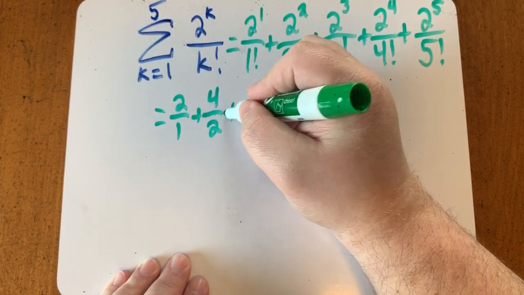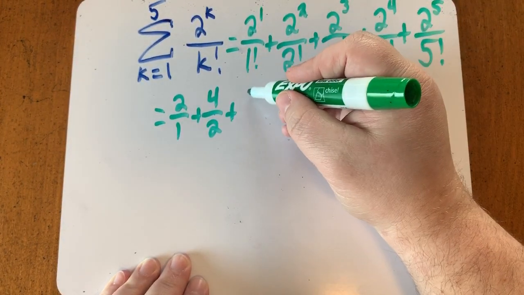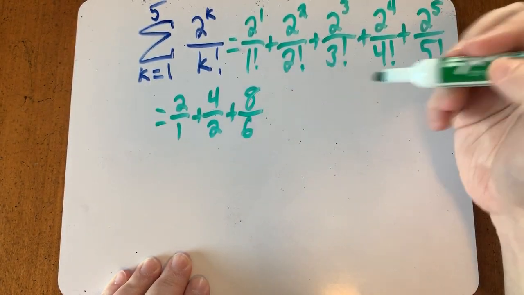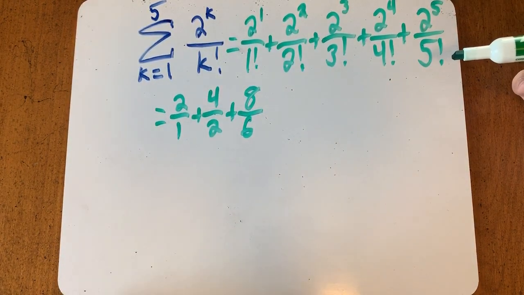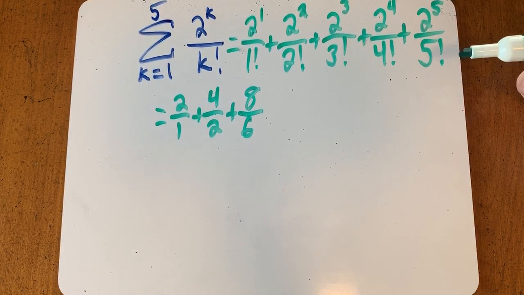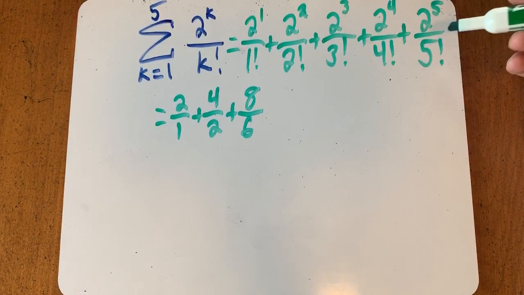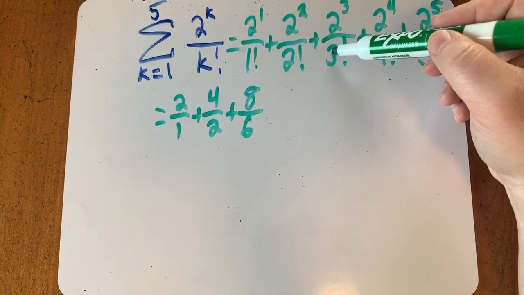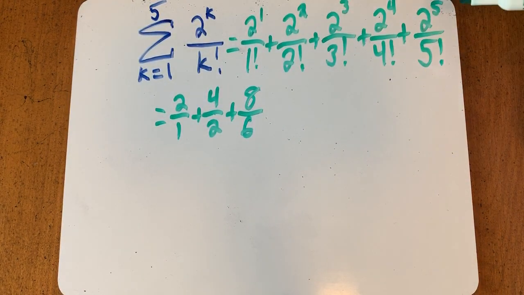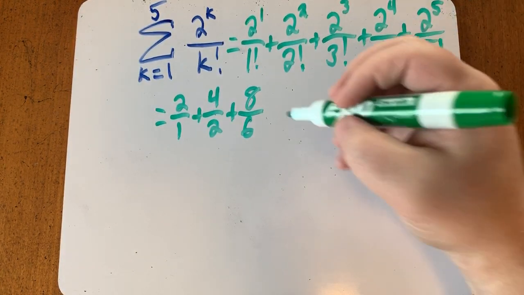That's 8 over 6. Oh, and for those of you who don't recall factorials from last year, it's the product of every positive integer up until that integer. So this is 1, that's 1 times 2, that's 1 times 2 times 3, 1 times 2 times 3 times 4, 1 times 2 times 3 times 4 times 5.